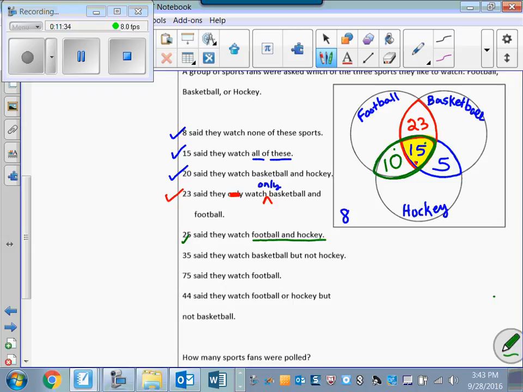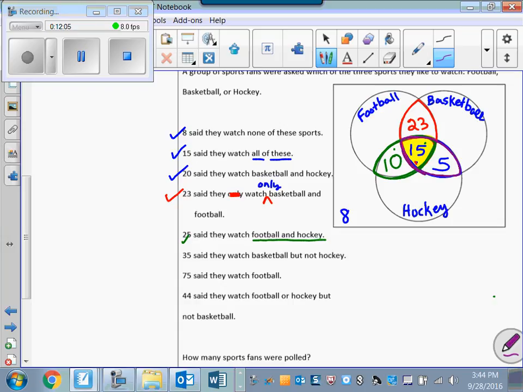All right. 35 said they watch basketball but not hockey. Basketball but not hockey. So let's see. 35, they watch basketball but not hockey. I'm trying to think of a different color. So let me use this. Okay, here's basketball, this area here that I'm doing in purple. Okay, this is basketball and hockey, right?